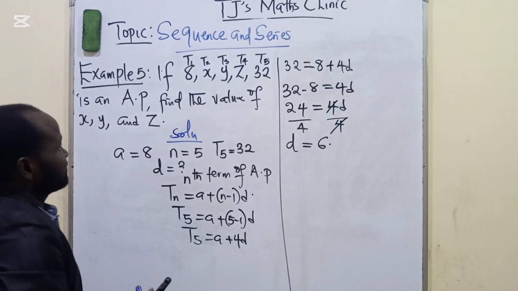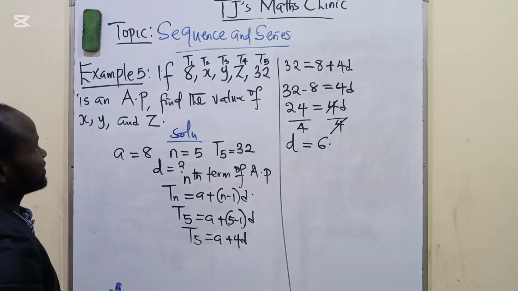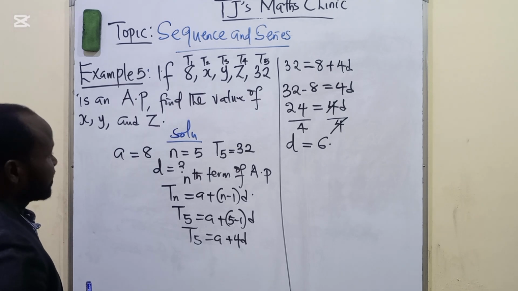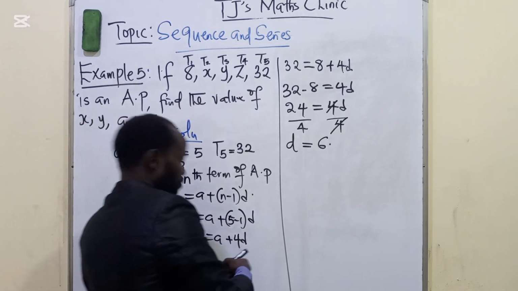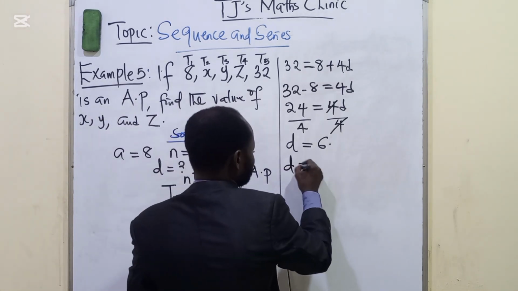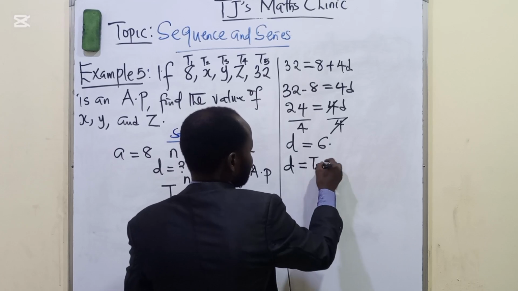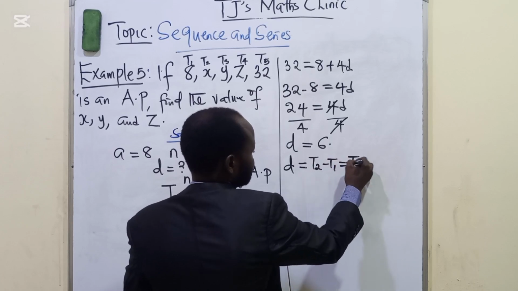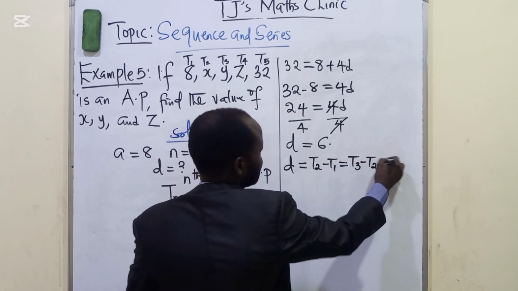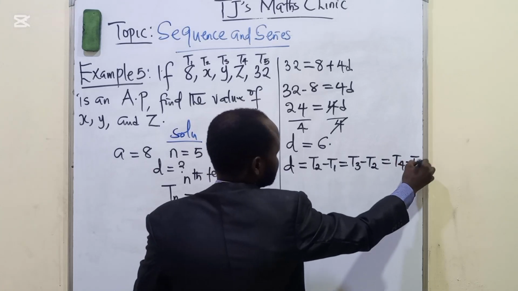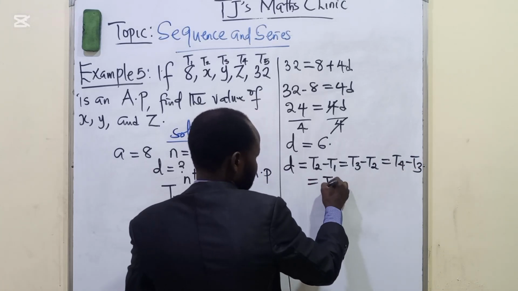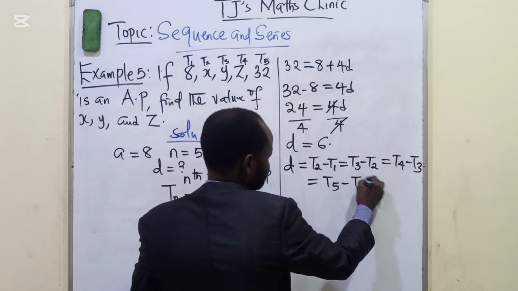So if the common difference is 6, we can easily find the values of x, y, and z. Very important, because this common difference d is nothing but T2 minus T1, T3 minus T2, T4 minus T3, T5 minus T4.